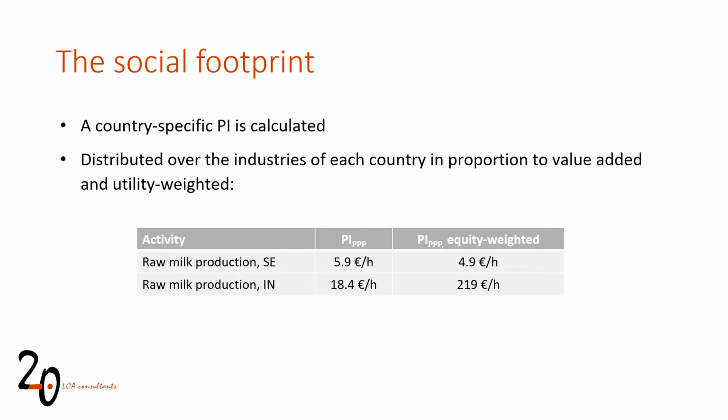You have the productivity impact once corrected for purchase power, and you can see that the productivity impact is higher in India because the gap between the ideal GDP and the actual GDP is much higher in India than in Sweden. But then once we apply equity weighting, this gap is substantially increased because in India, the marginal utility is much higher than in Sweden.